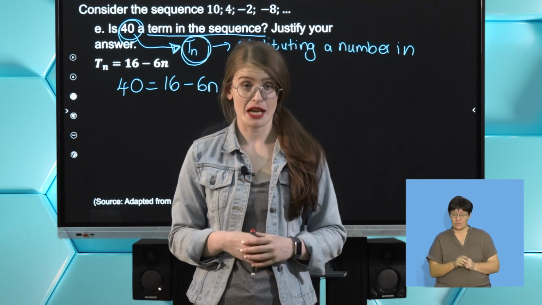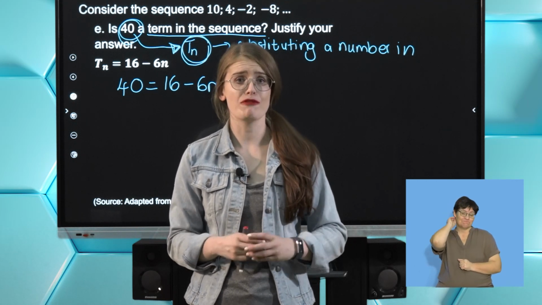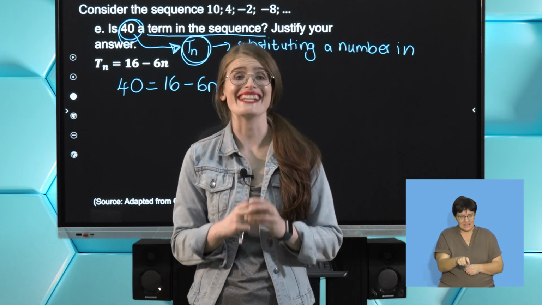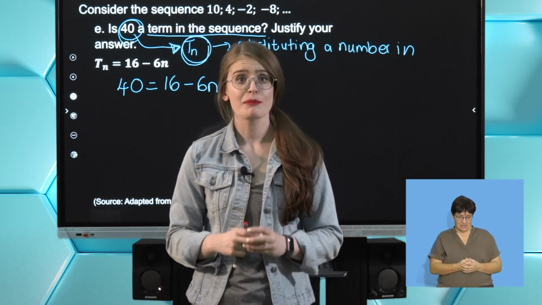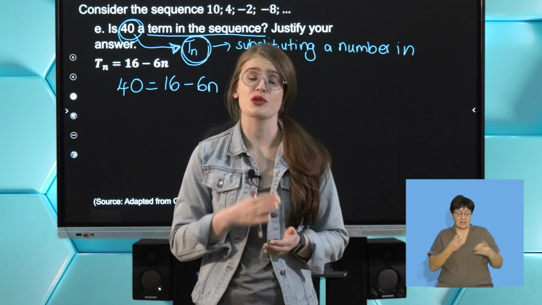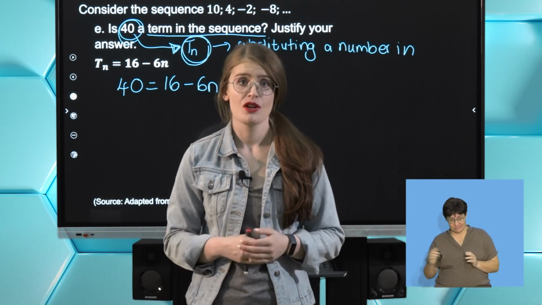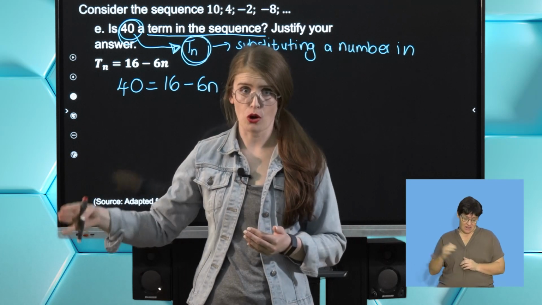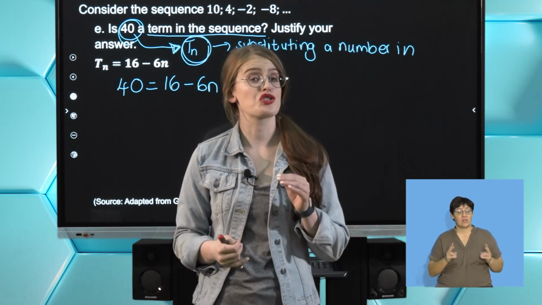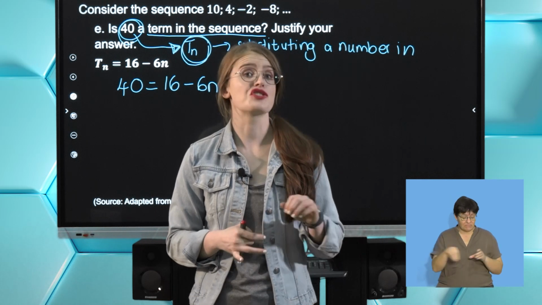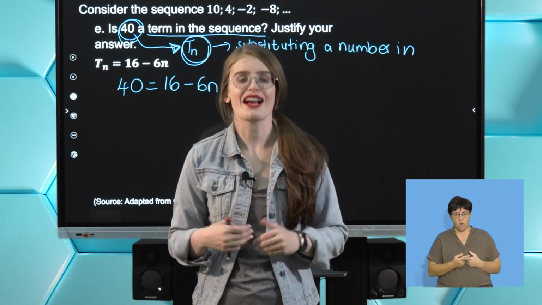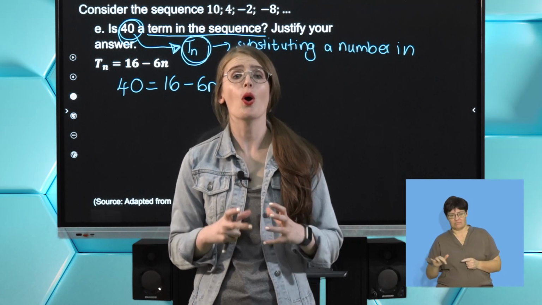We have to remember that n values have to be natural numbers. Natural numbers start at 1 and go up: 1, 2, 3, 4, the whole way up. Natural numbers do not include fractions, negative values or irrational numbers. They are whole numbers.